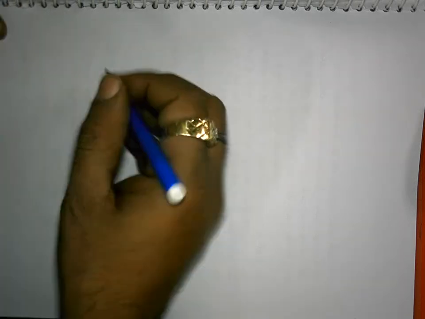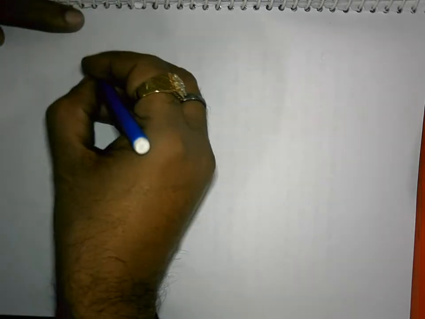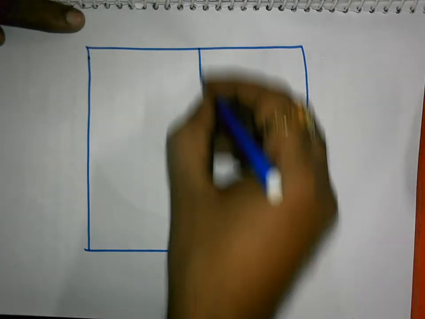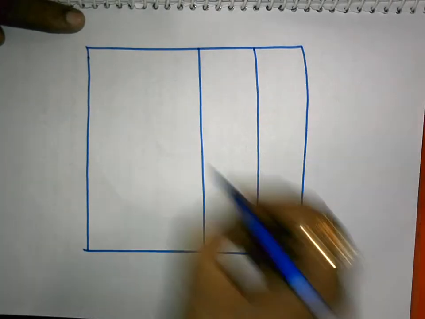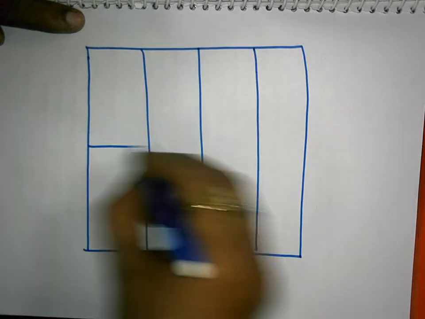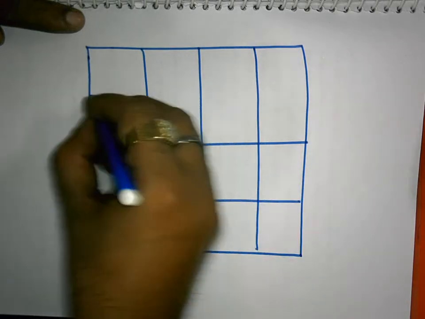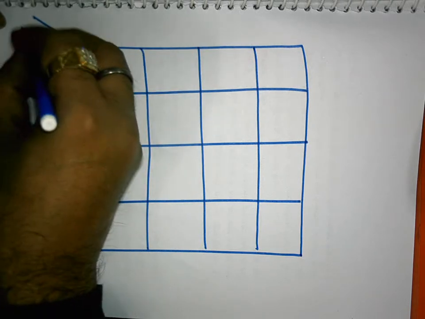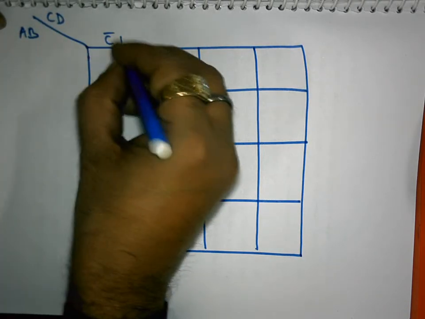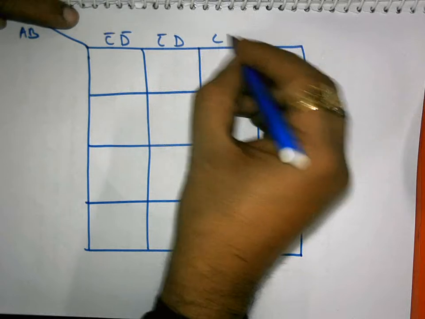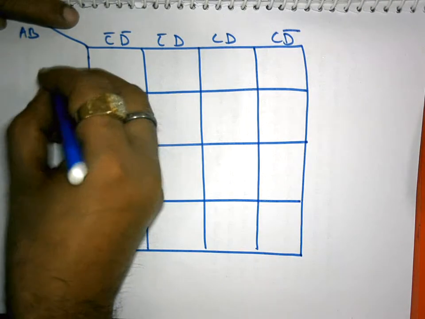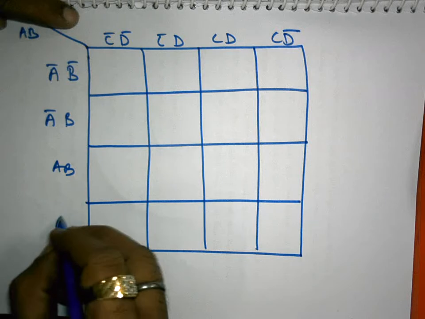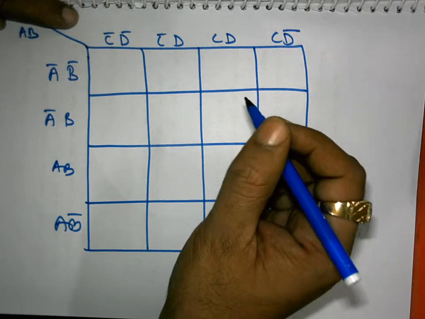Suppose there is a K-map given to us, with columns C bar D bar, C bar D, CD and CD bar, and rows A bar B bar, A bar B, AB and AB bar.